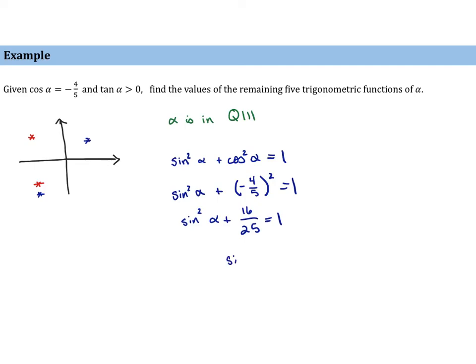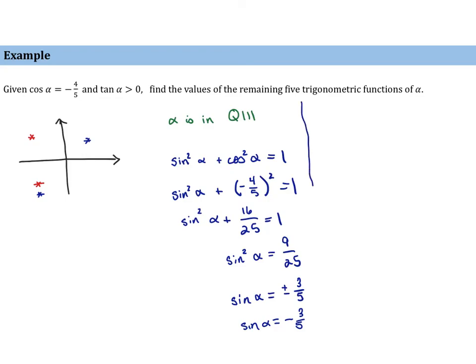So sine squared of alpha is 9/25. But now we must take the square root of both sides. So we have sine of alpha equals, and now what squares to give 9/25? Well, 3/5 or -3/5. Now this is where it becomes important to know what quadrant alpha is in. Since alpha is in quadrant 3, we know that sine of alpha is negative in the third quadrant. So it must be -3/5.